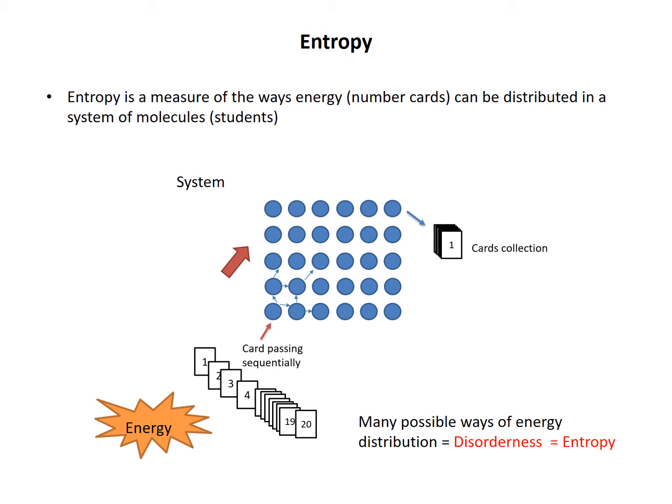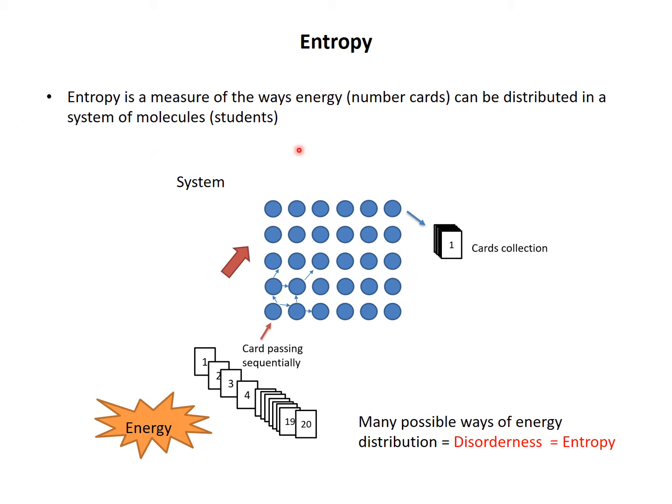So, do you expect the cards to come back in the right sequence? Definitely not. They are all mixed up. That is because what we observe here is essentially entropy. You have an increase in entropy in the process of card distribution. So what is entropy?